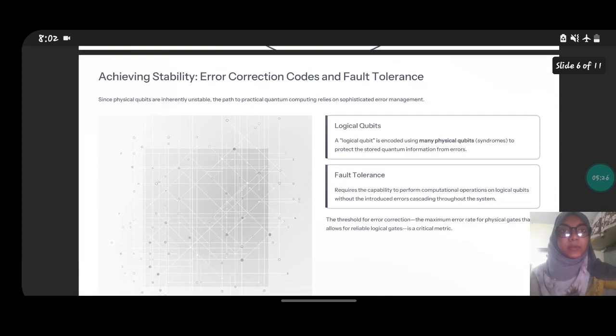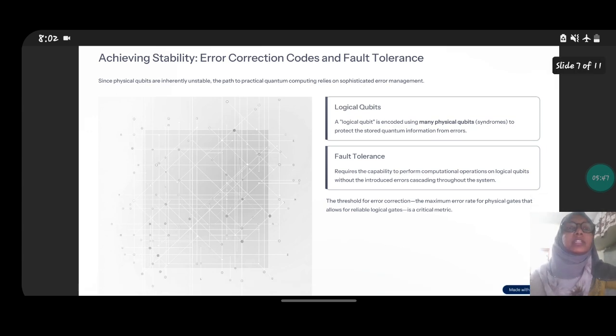So, achieving stability: error correction codes and fault tolerance. Here is a picture regarding how physical qubits are inherently unstable. The path to practical quantum computing relies on sophisticated error management. The picture shows that the qubit is unstable because it has to rotate around its nucleus, so it jumps from a higher level to a lower level or a lower level to a higher level to maintain its stability.